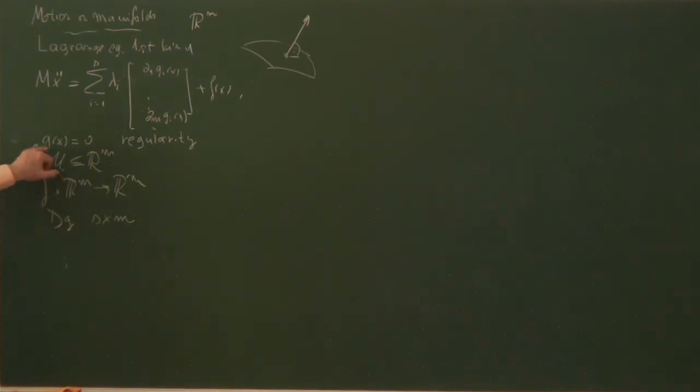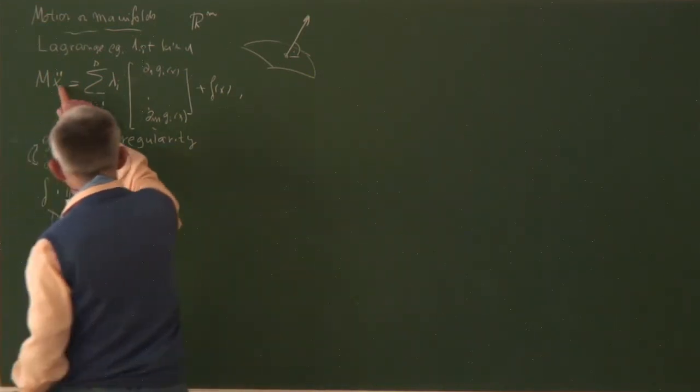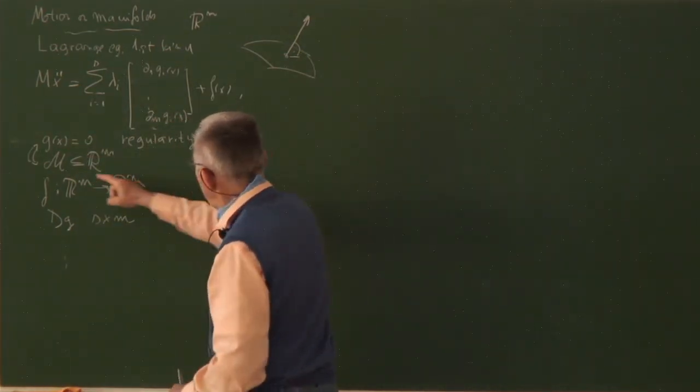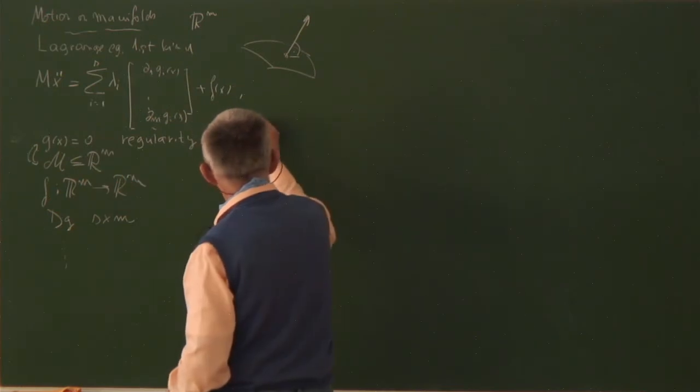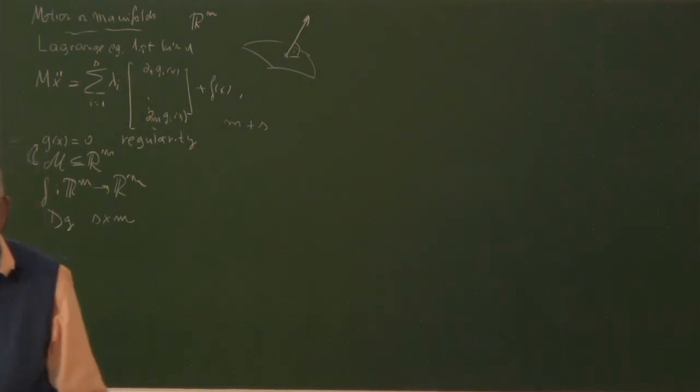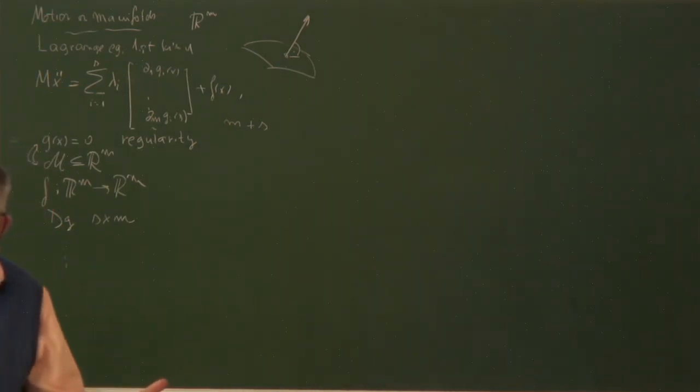So you have altogether M equations here, and S equations here. And unknowns just as much as this: the components of x and the lambdas.